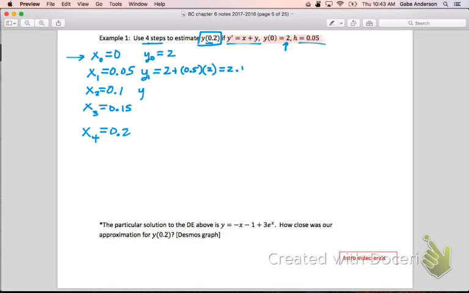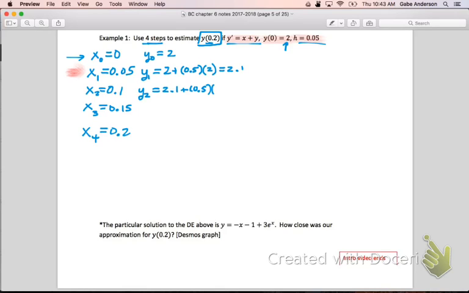All right, so then y2. This will equal the previous y-coordinate, which is 2.1, plus the step size times the slope based on the previous coordinates, the x1, y1. Okay, so the slope is x plus y.